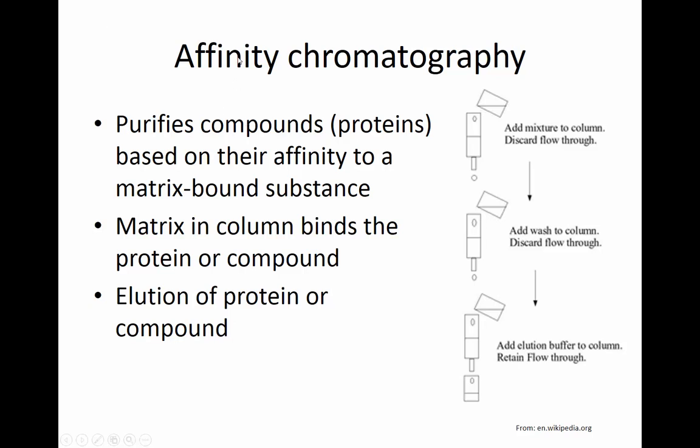But anyway, the idea behind affinity chromatography is that we're purifying compounds or proteins, usually, based on their affinity to a matrix-bound substance. The matrix in the column will bind that protein or compound fairly specifically, and then we can elute that protein or compound by some way. And with nickel, you're changing the ionic strength and you're changing the buffer composition, and that's helping you do that.